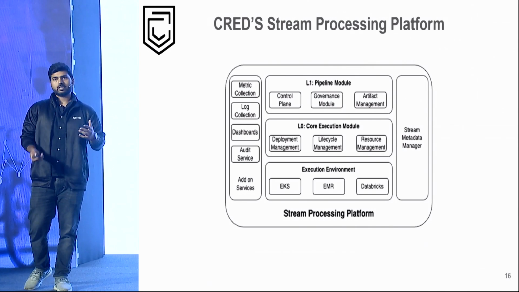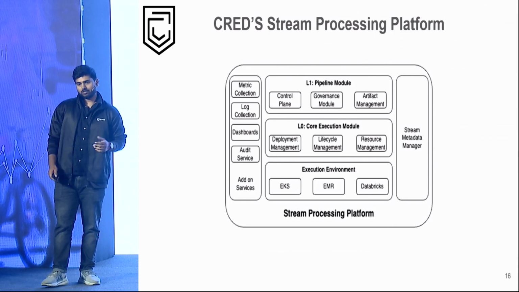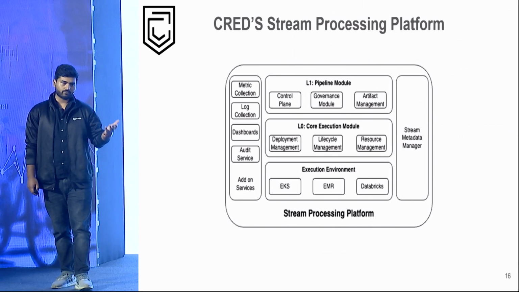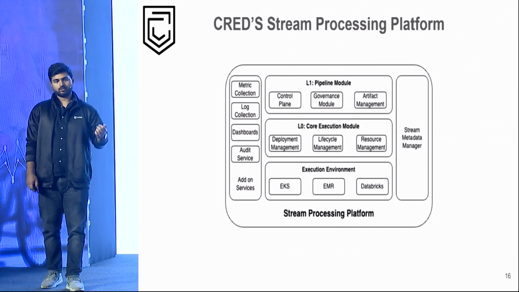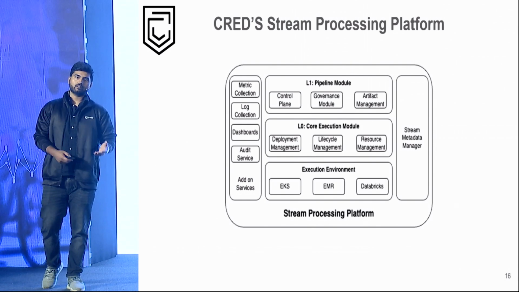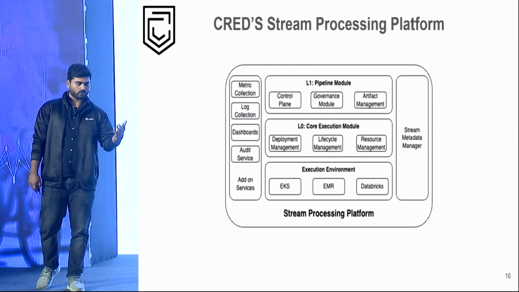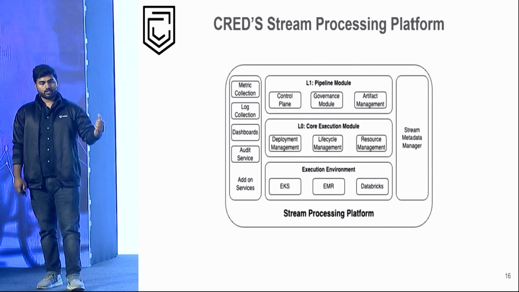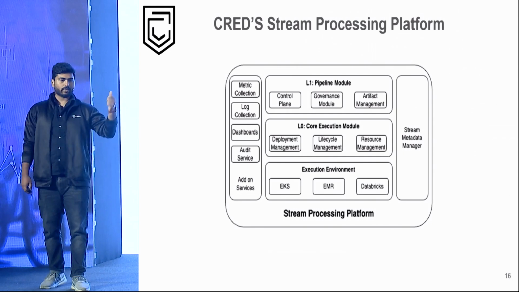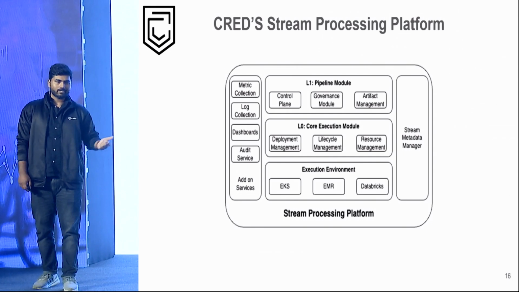We have built a bit of a DSL on top of it, which abstracts out simpler operations like filtering, transformation, and aggregations, so the users of this platform don't have to write Flink Java code. We can do it through our own DSL, unit test it and deploy it. The benefit with this platform is that we get add-on services that we have built for all pipelines and all tenants: metric collection, logs, dashboard, audit service.